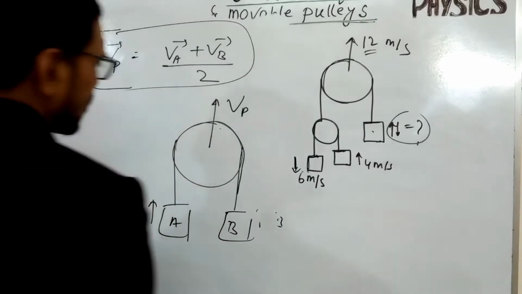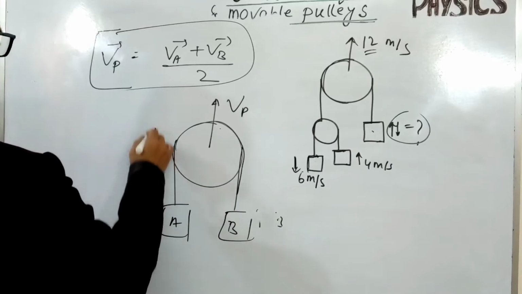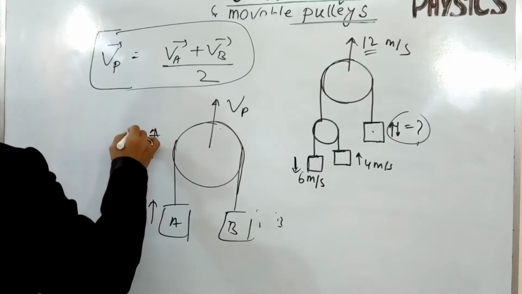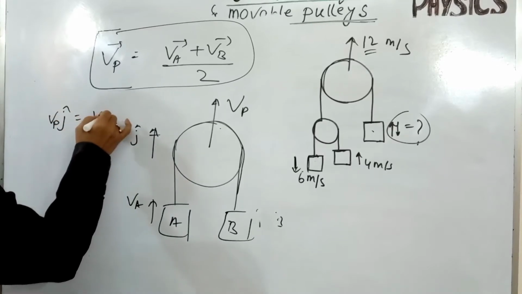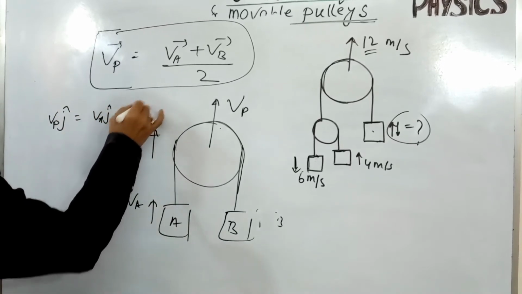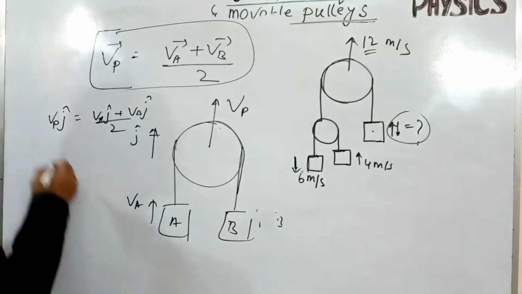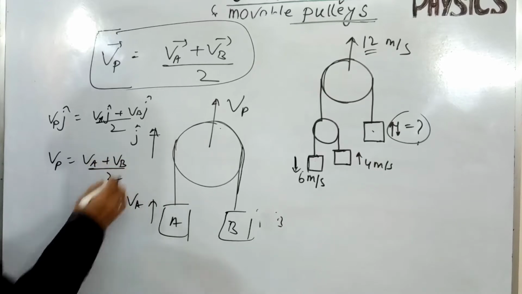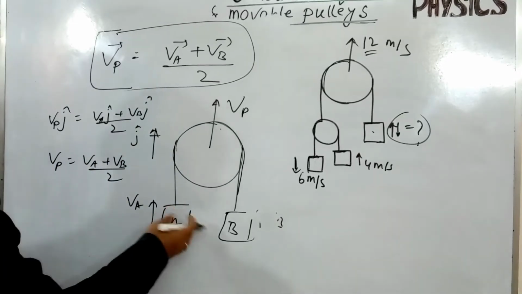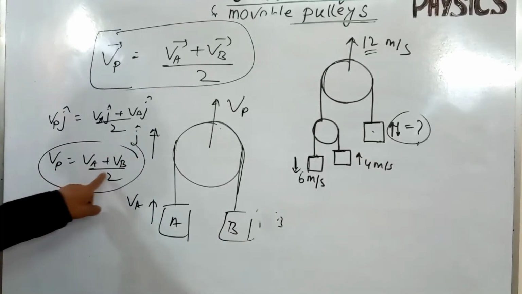If the blocks and pulley all move upward in the same direction, taking this as j, Vp j equals (Va j plus Vb j) by 2. So simply we get Vp equals (Va plus Vb) by 2 when all blocks and the pulley are moving upward.